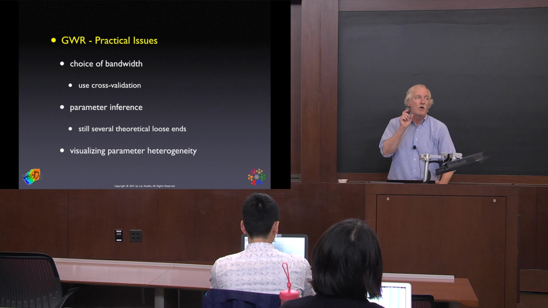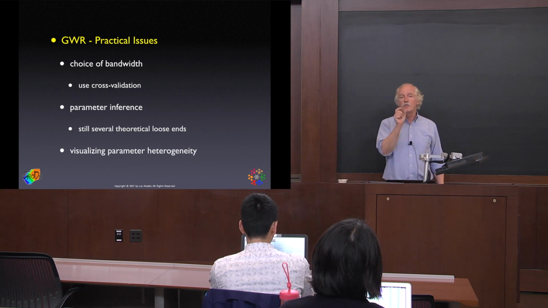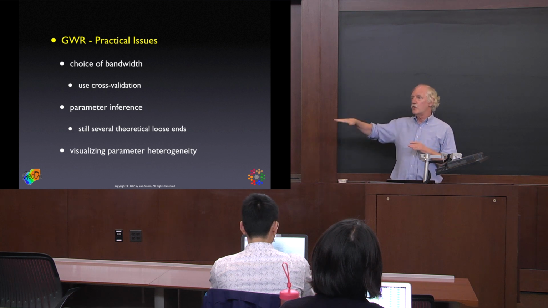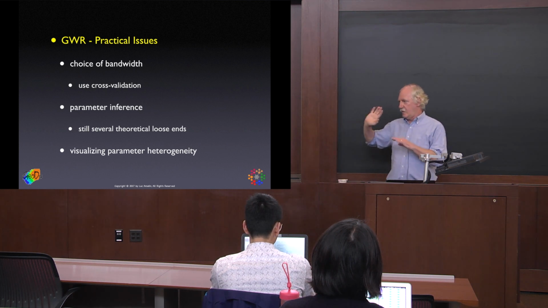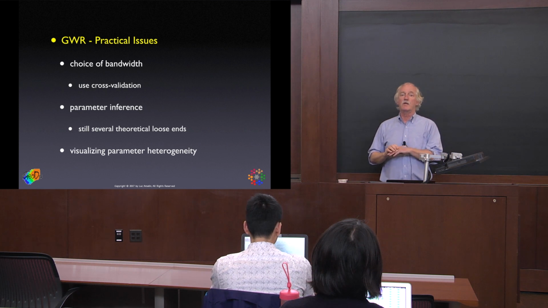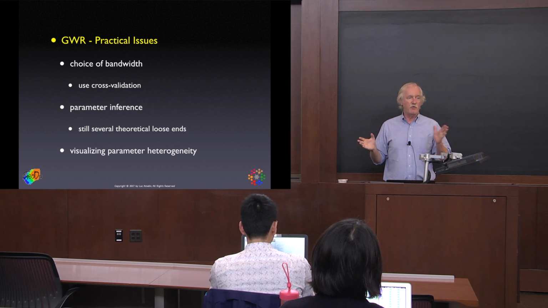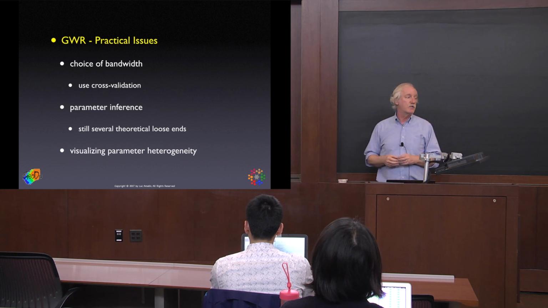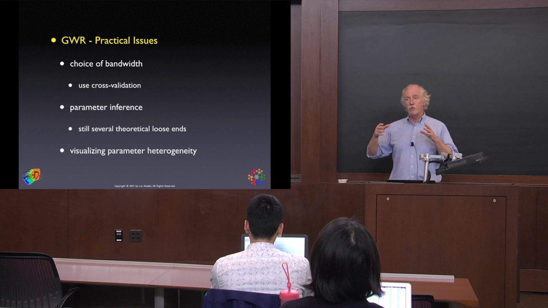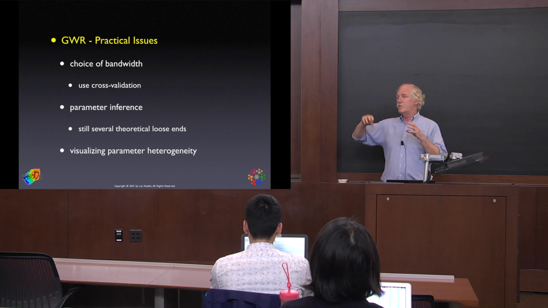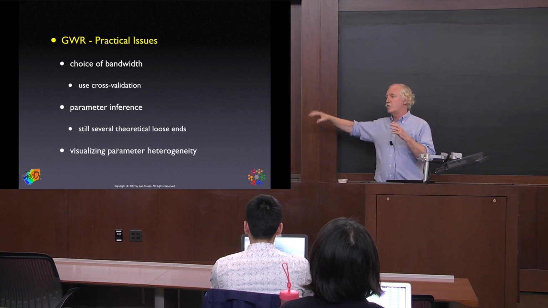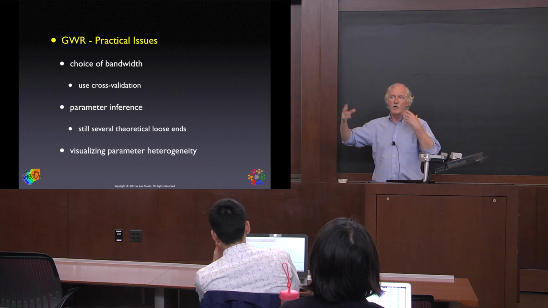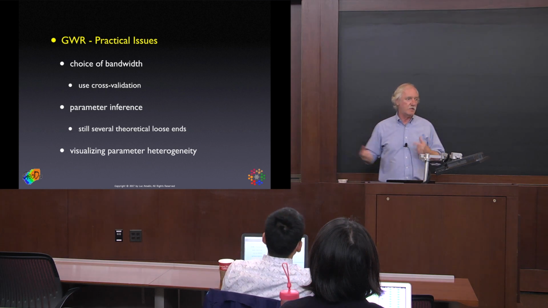And that gets more complex when you move to a multivariate situation. Because most of the local regression stuff in the non-parametric literature was initially developed for a simple bivariate setup. And that's also the one I used as an illustration. But if you have multiple variables, then each of these variables could conceptually have its own bandwidth. And that creates problems of what are the statistical properties of all these estimates?